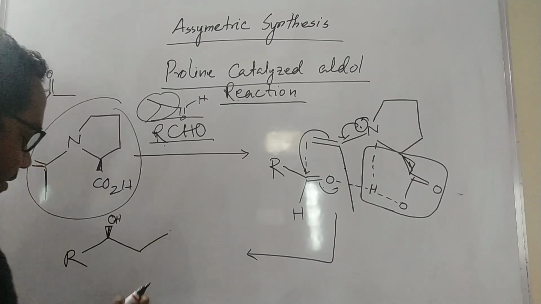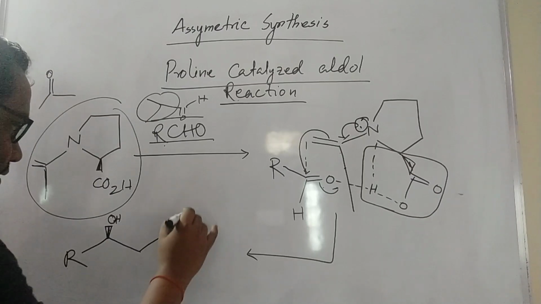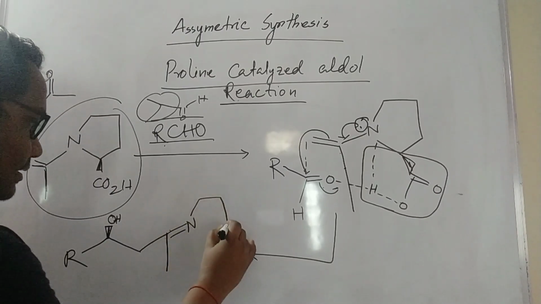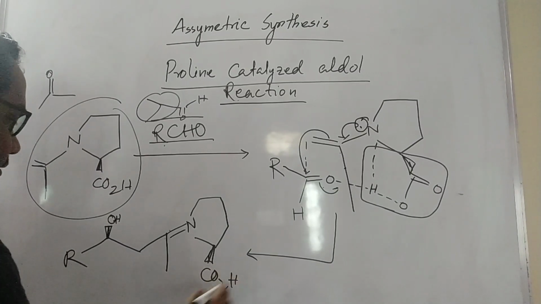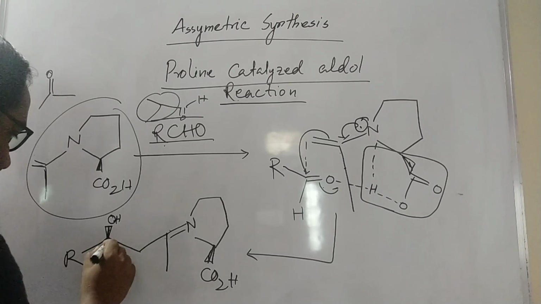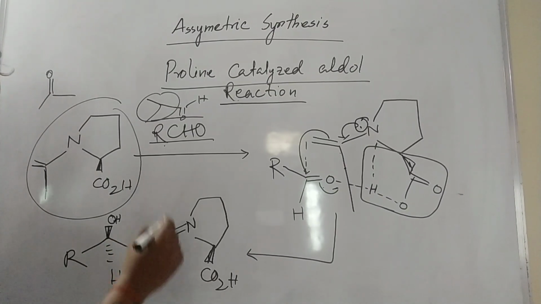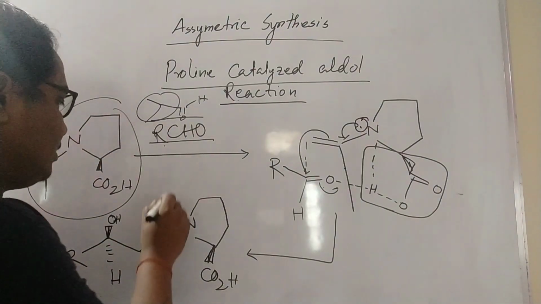See, here it is there. So this I wrote, and this double bond I wrote, and this N, and that is normal. So this is the product, and this is down. So if you hydrolyze this reaction, it will give the final product.